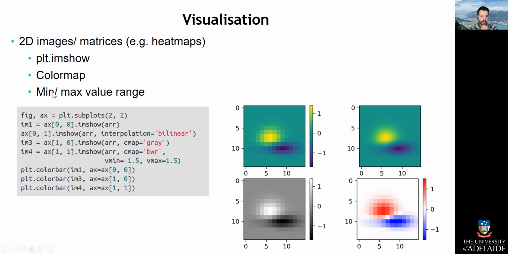Usage is similar, but the difference here is we have another important argument, which is the min and max. So you want to set specifically the minimum value that you want to show, so that the minimum value is assigned to the minimum value in your color map, and similarly for the maximum values.